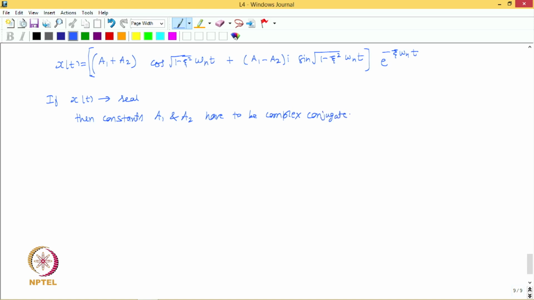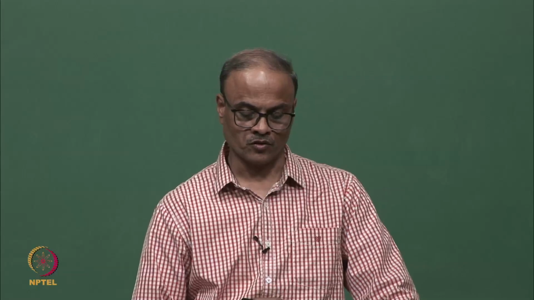Only then would the right hand side of this equation yield a real quantity. And so A1 and A2 would be complex conjugate of each other.